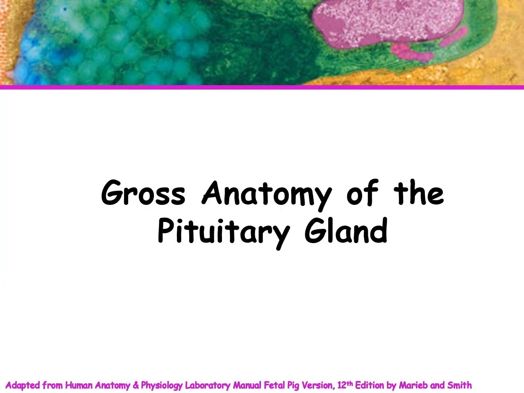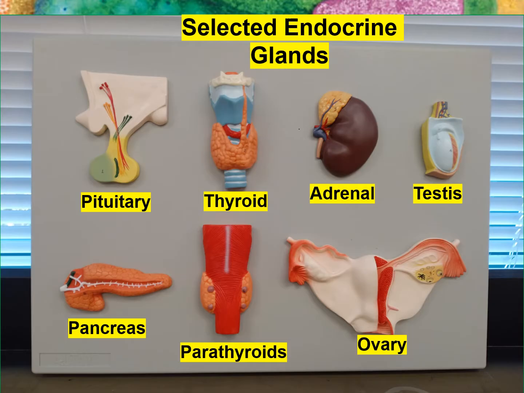Now, let's take a look at the gross anatomy of the pituitary gland. This diagram shows us the pituitary gland in addition to other endocrine glands. Can you figure out which part indicates the anterior versus posterior pituitary?